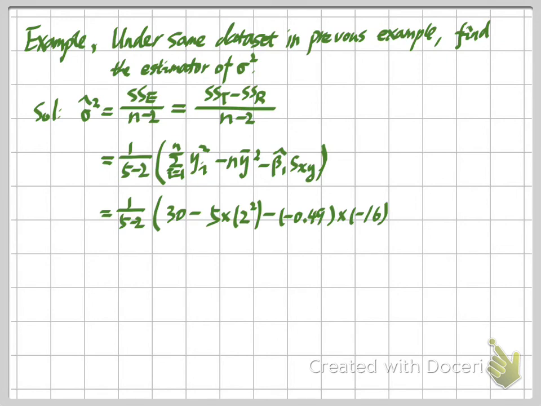Now we use a calculator, and we get the final answer: the estimator of sigma square is 0.72. This is how we can compute our estimator of the variance of our residual.